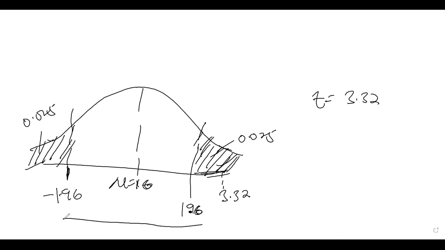So it is above this, so you reject. But let's use p values.